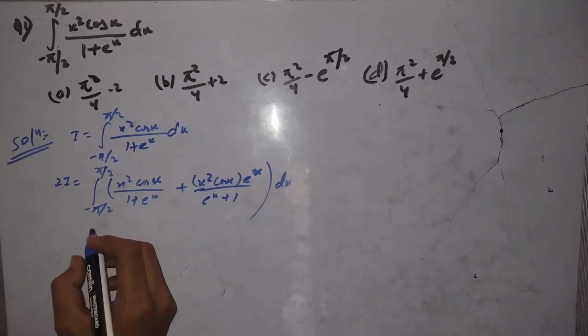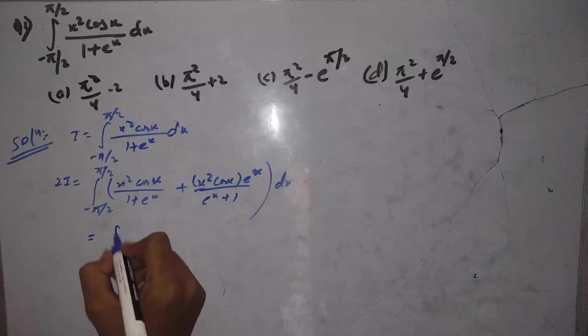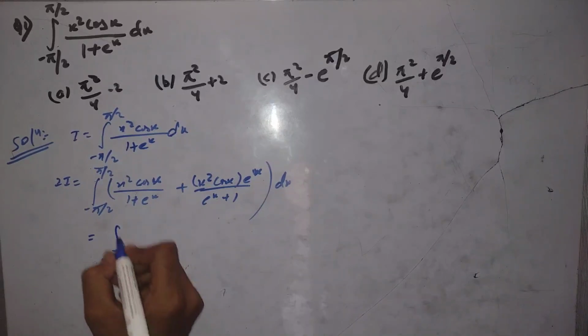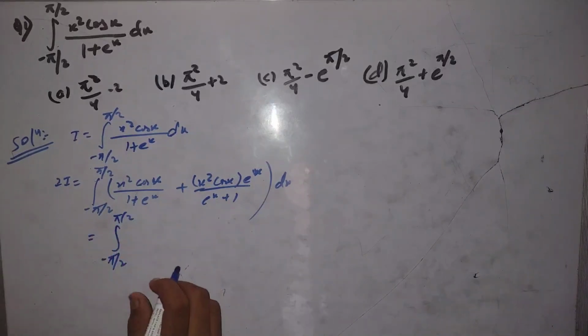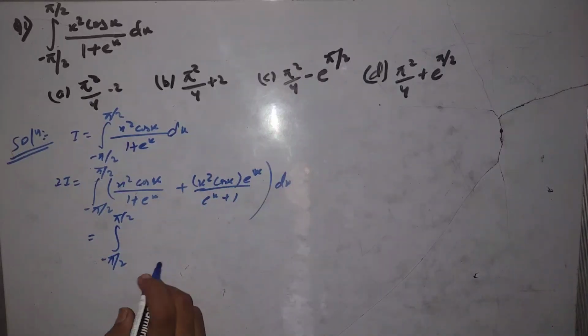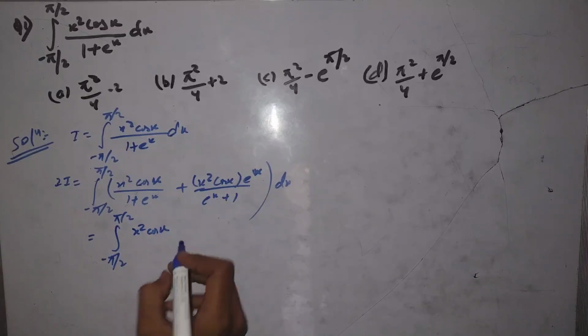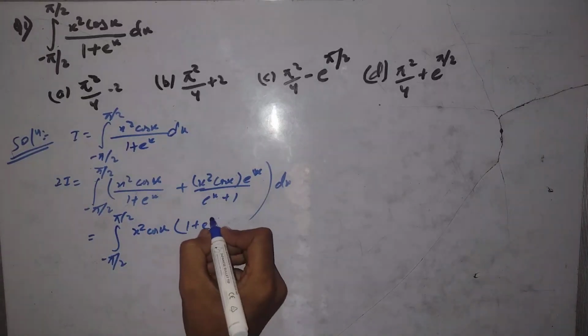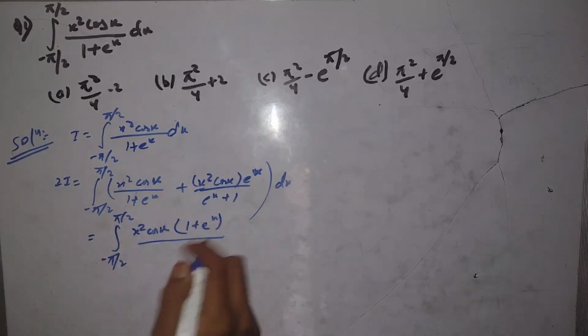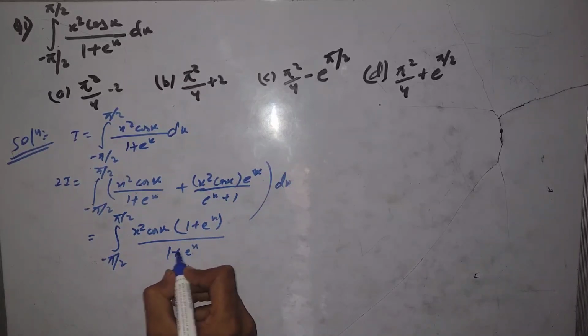So we can take something common, and that is very obvious: we can take common x square cos x from the numerator. Then what we are left with is 1 plus e to the power x, and in the denominator e to the power x.